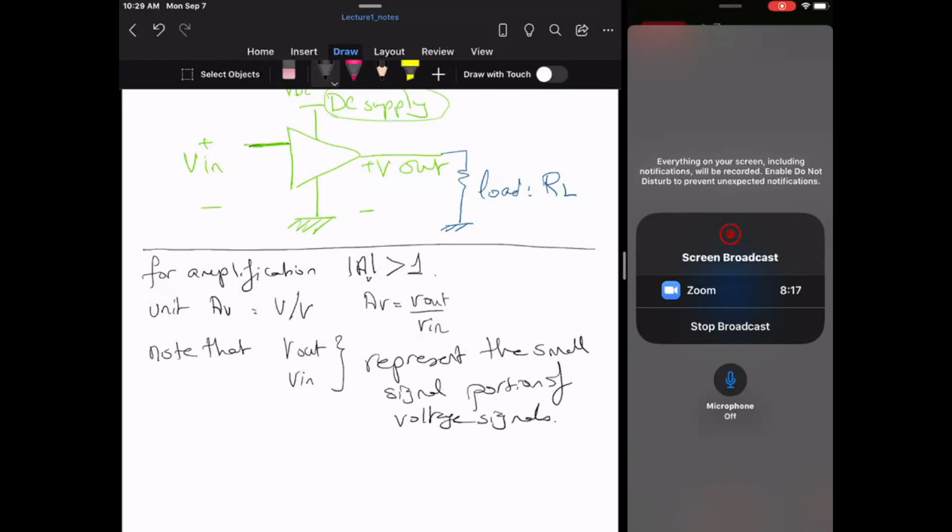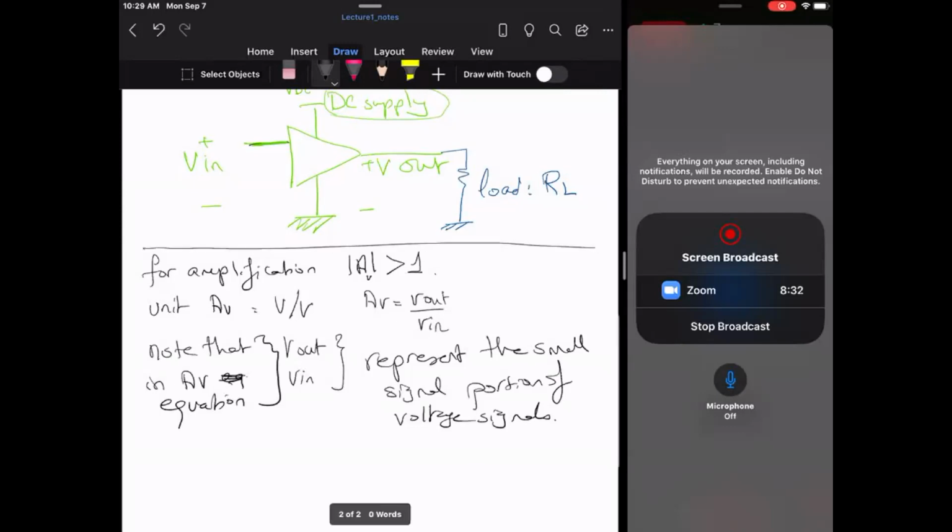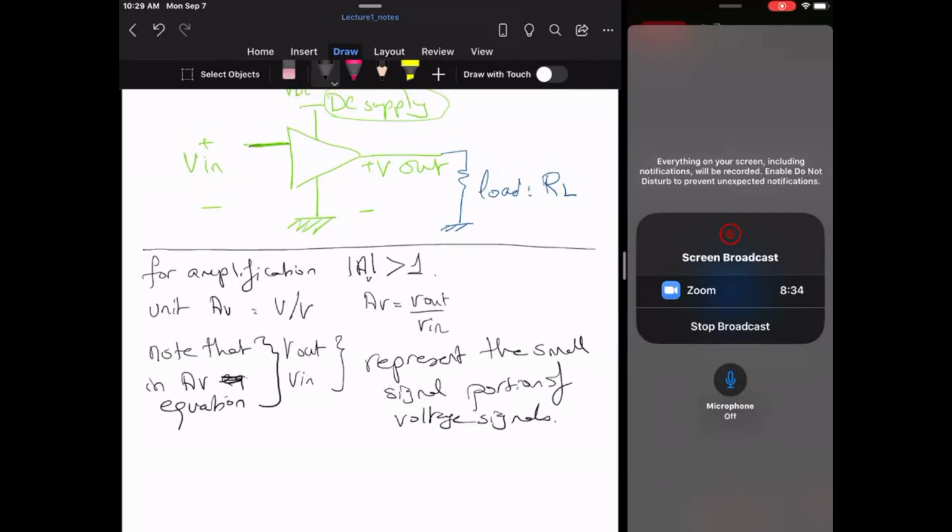Note that in the AV equation, V out and Vin represent the small signal voltage portion of the voltage signals.